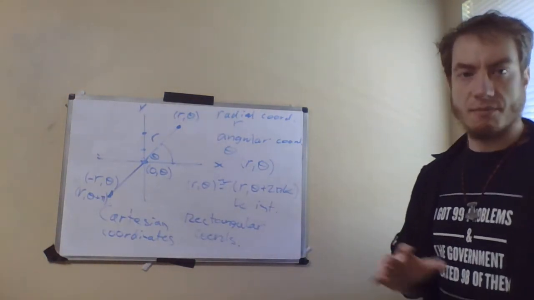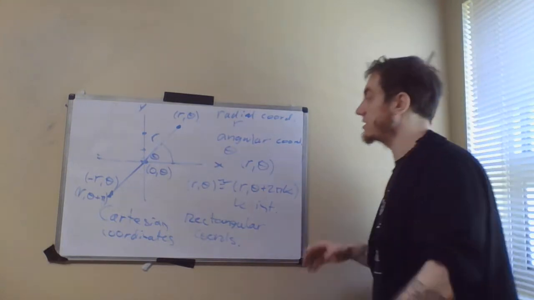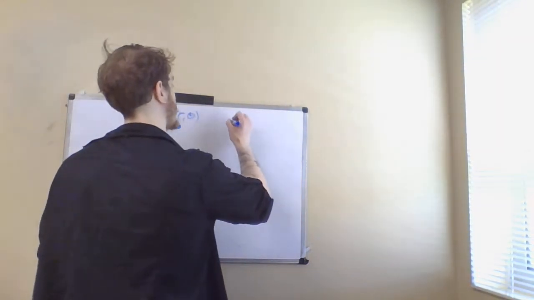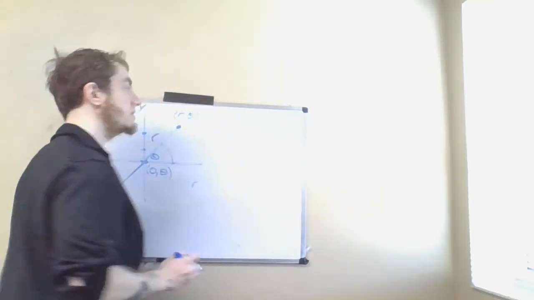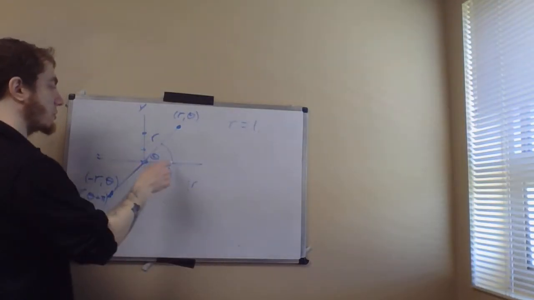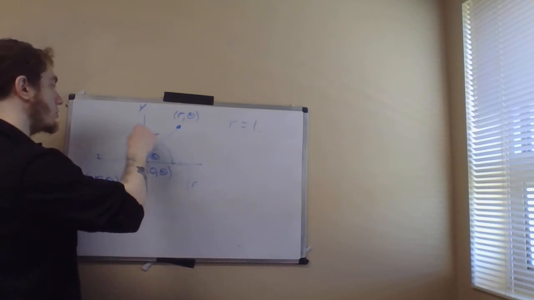we're going to talk about more graphing of equations and things in a minute, but just consider the equation r equals 1. Well, this is satisfied for any given angle, and the only condition then is that the radial coordinate should be equal to 1.